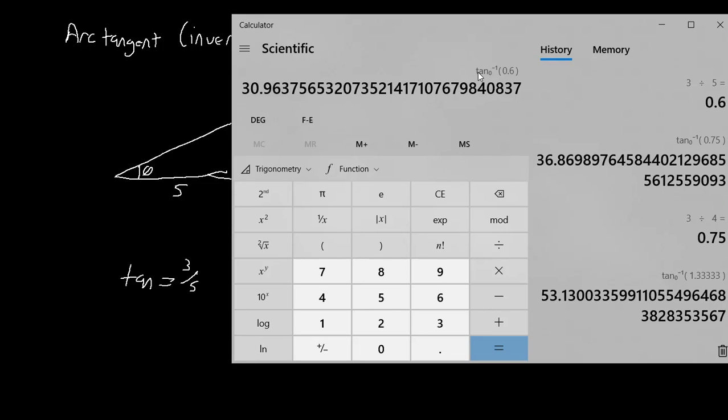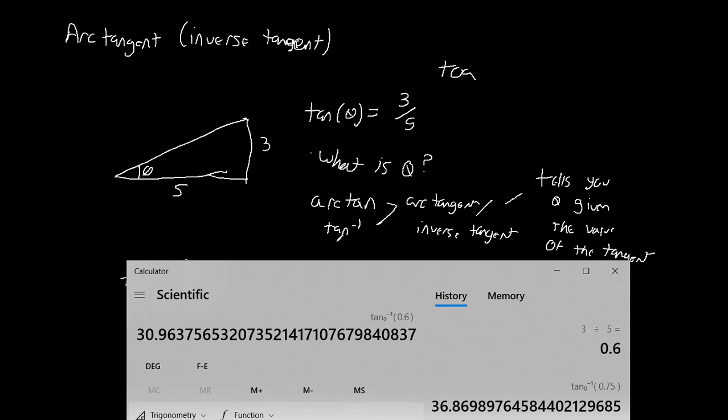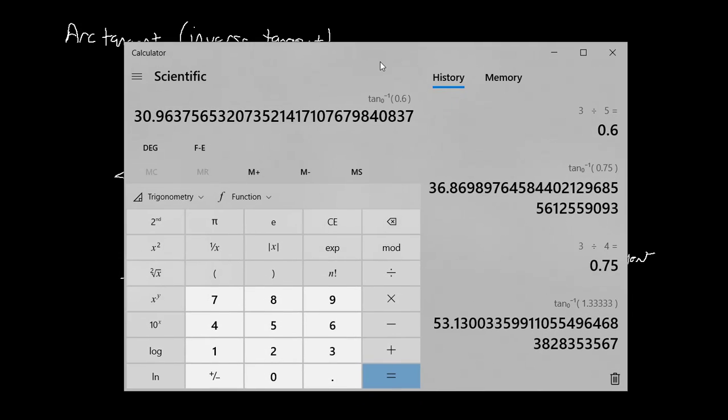And you'll see here that it says tangent, but it has this -1. And if you remember, tan -1 is one of the ways that we symbolize this idea of arctangent. So the tan -1 of 0.6, which we said was the tangent, correlates to, because we're in degrees, an angle of basically 30.1 degrees.